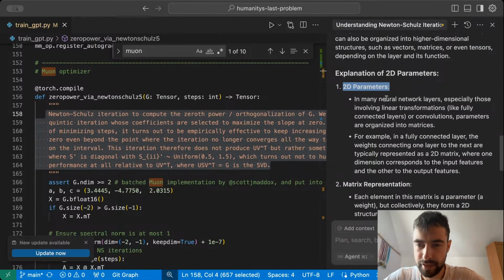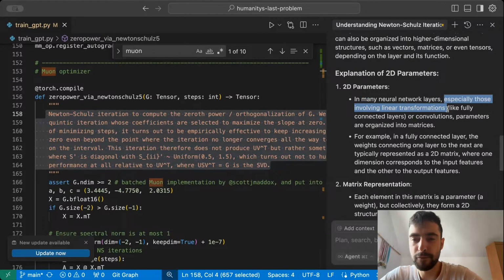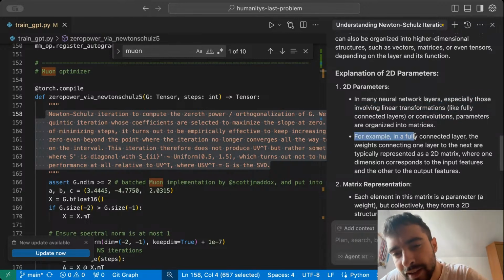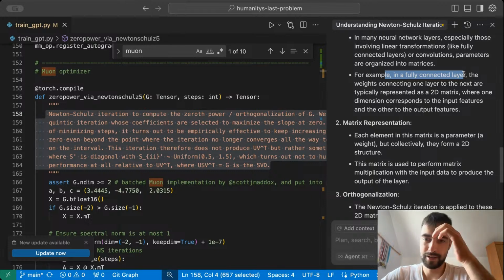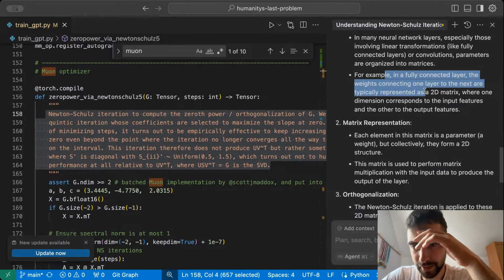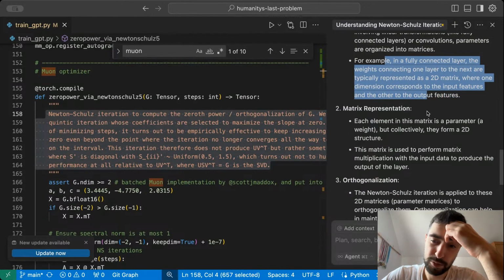2D parameters. In many neural network layers, especially those involving linear transformations, like fully connected layers or convolutions, parameters are organized into matrices. I know this. In a fully connected layer, the weights connecting one layer to the next are typically represented as a 2D matrix, where one dimension corresponds to the input features and the other is output features.